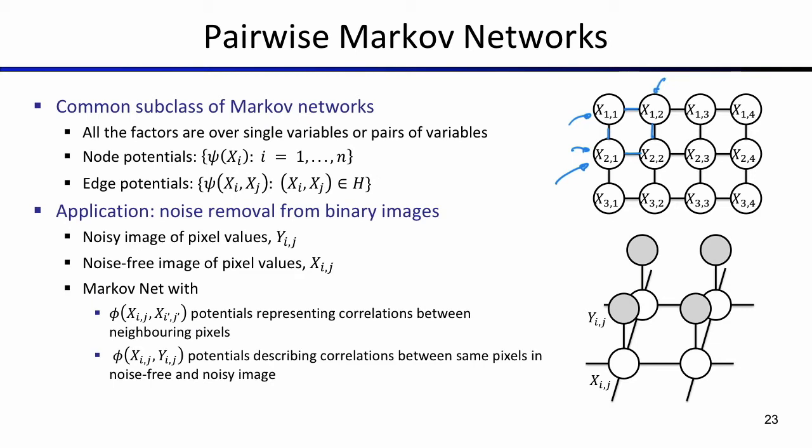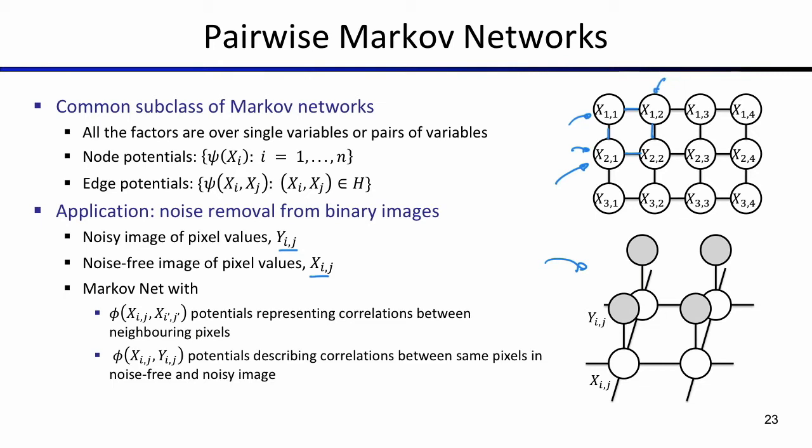And in this application, we can think that we have two images. One is a noisy image, and the other one is a noise-free image that we expect to get with our inference. The noisy image we're going to represent with nodes Y, and the noise-free image with nodes X. So in this 3D representation, we have these two images.